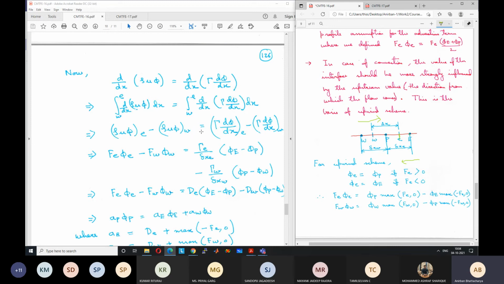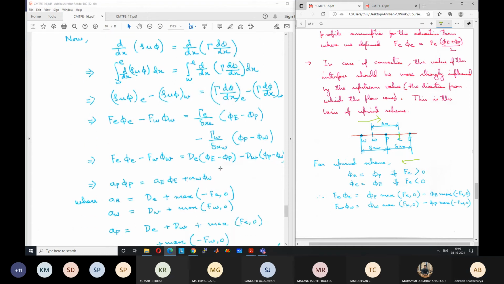Rho u phi east minus rho u phi west is equal to gamma d phi dx east minus gamma d phi dx west, or Fe phi e minus Fw phi w is equal to gamma e by delta xe into phi E minus phi P, minus gamma w by delta xw into phi P minus phi W, or Fe phi e minus Fw phi w is equal to de into phi E minus phi P minus dw into phi P minus phi W. Up to this point we had derived previously.